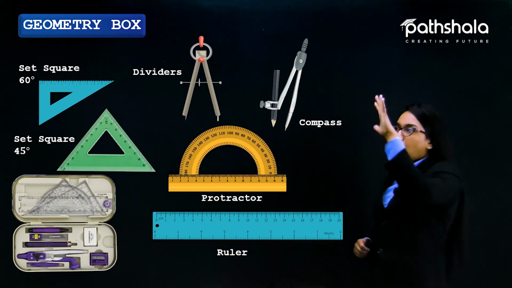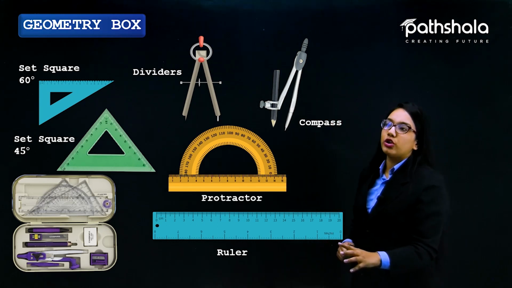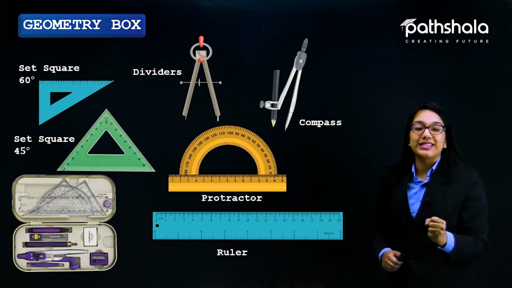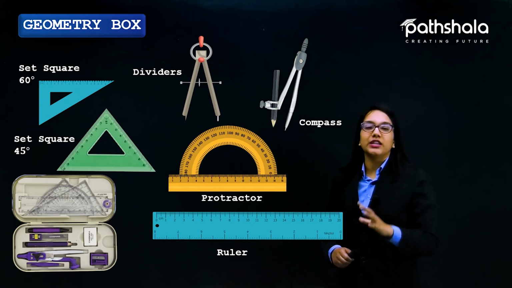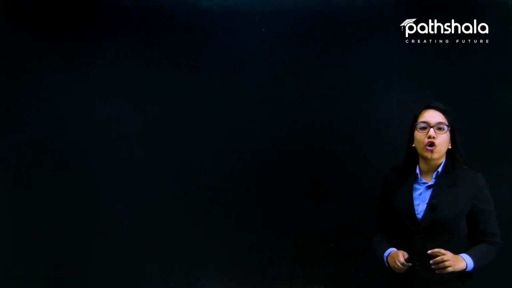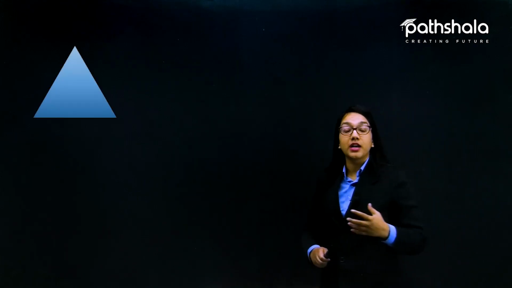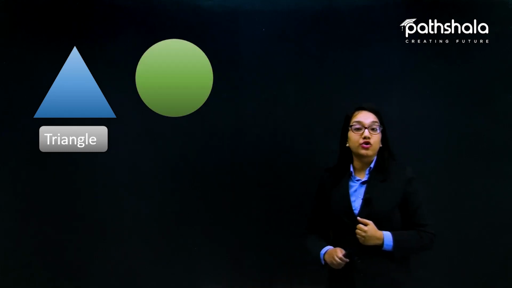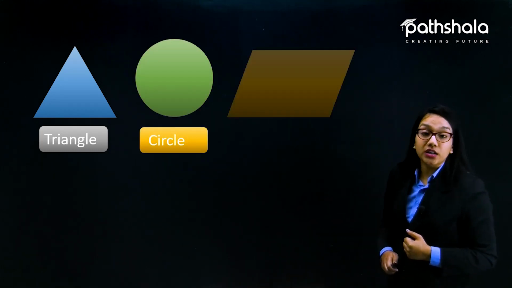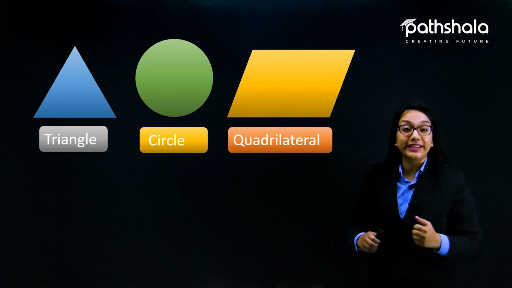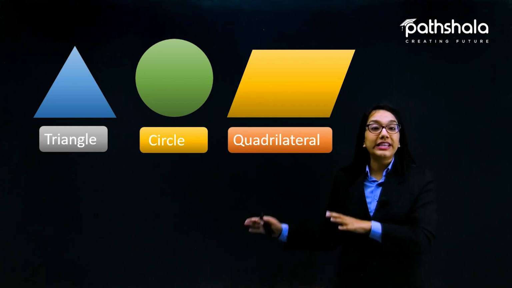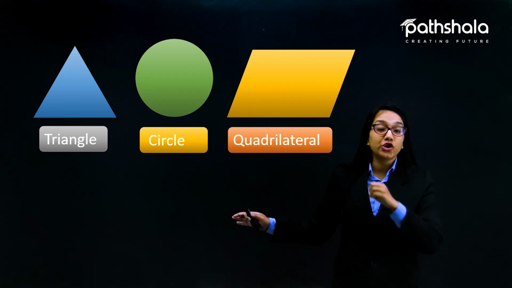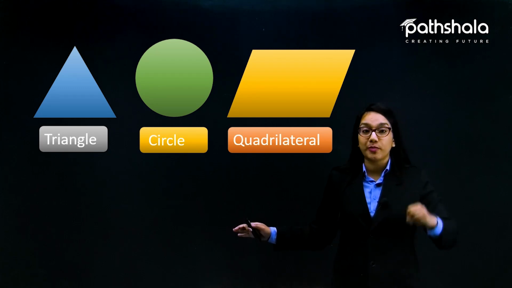Using all these instruments, we can draw geometrical figures. For instance, we can construct a triangle, a circle, or a quadrilateral using all these geometrical instruments in our geometry box.